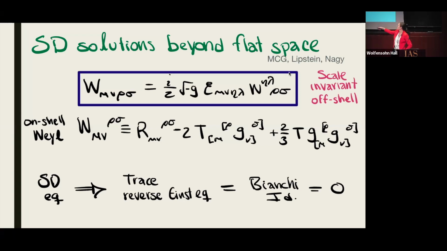But when you go on shell, meaning that you take the Ricci tensor and it has to satisfy Einstein equations, then now you'll have terms that depend on the stress-energy tensor of your theory. So if you decide that this on-shell Weyl tensor has to satisfy this self-dual condition, by default, just this equation will give you the trace-reversed Einstein equations and the Bianchi identities. So solving this is enough to have a self-dual solution of gravity.